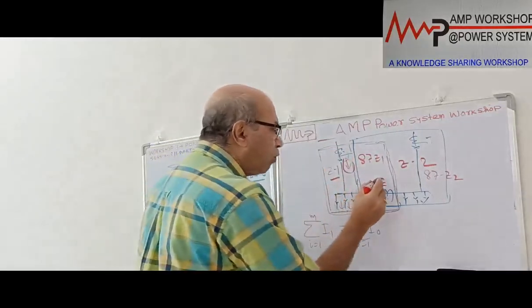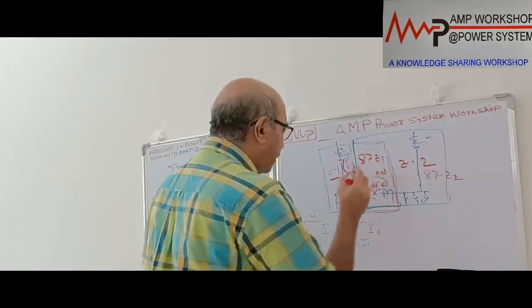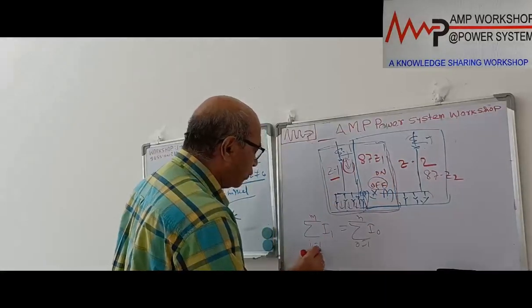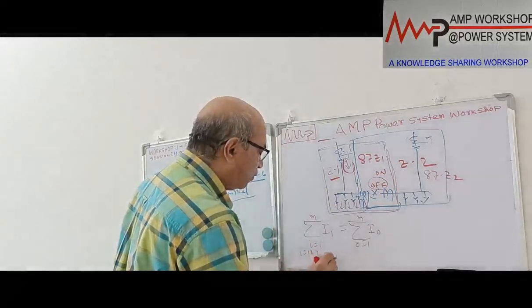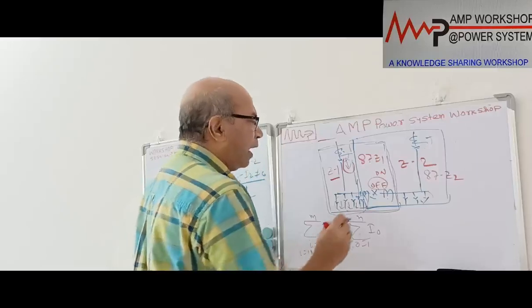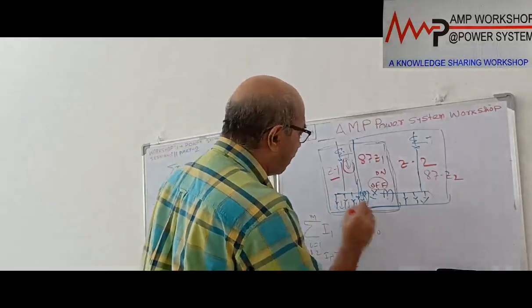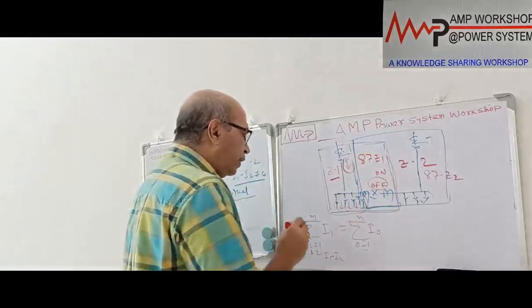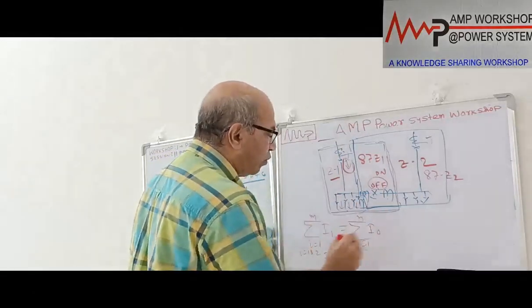Now when we turn this on, the I value will be 1 and 2, so that will be I1 plus I2. That is the incoming current. And for the outgoing, I equals 1 to N, the number of outgoing feeders, O1, O2, O3 like that. So at any instant, the incoming current and outgoing current sum will be 0.